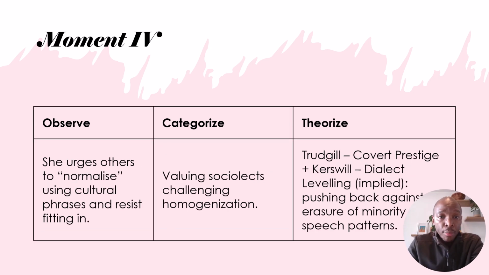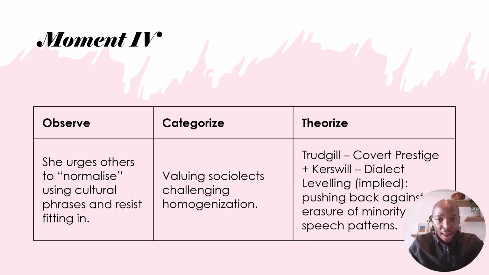And the fourth moment, the final moment, that I'm drawing on is at the conclusion there, right? This idea of normalizing using our own cultures, our own phrases, and resisting this urge to fit in, right? So the categorization, the terms that I'm thinking about is sociolect, right? Valuing sociolect and challenging this homogenization.